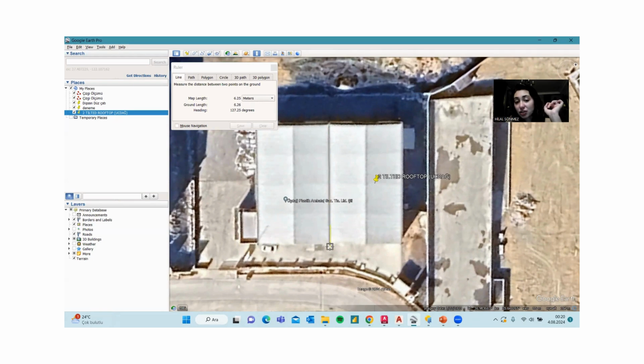This was the intersection line. From the beginning point of the intersection line, we draw a line and look at the heading. The heading is approximately 305.82 degrees. Roughly, it is 306 degrees.